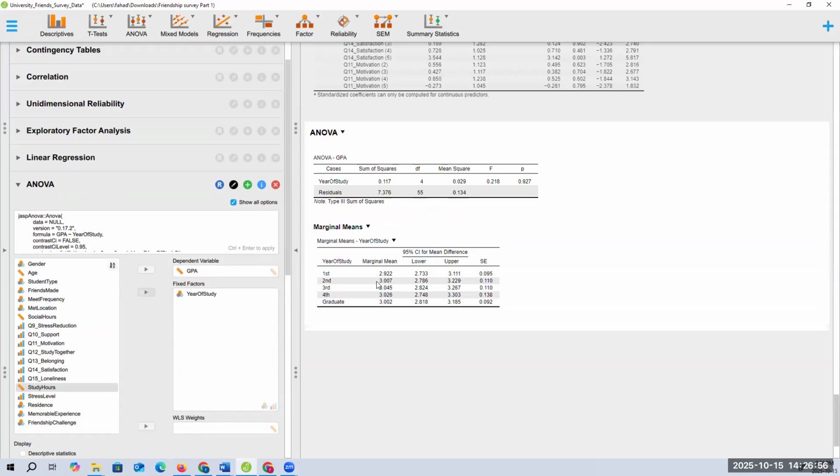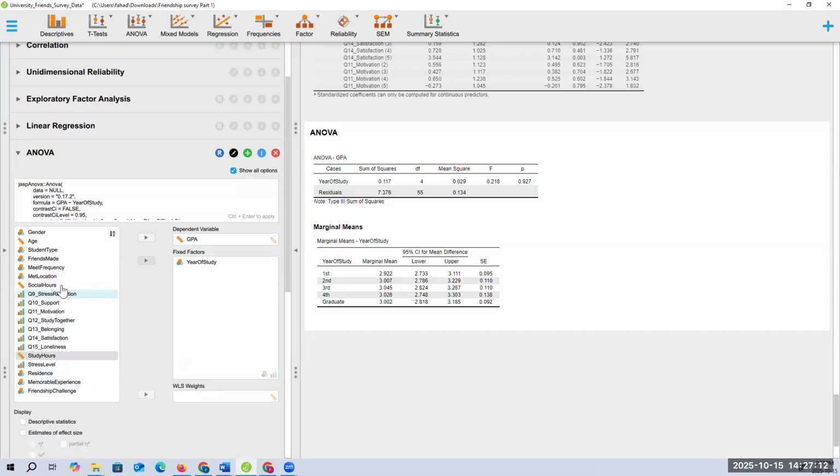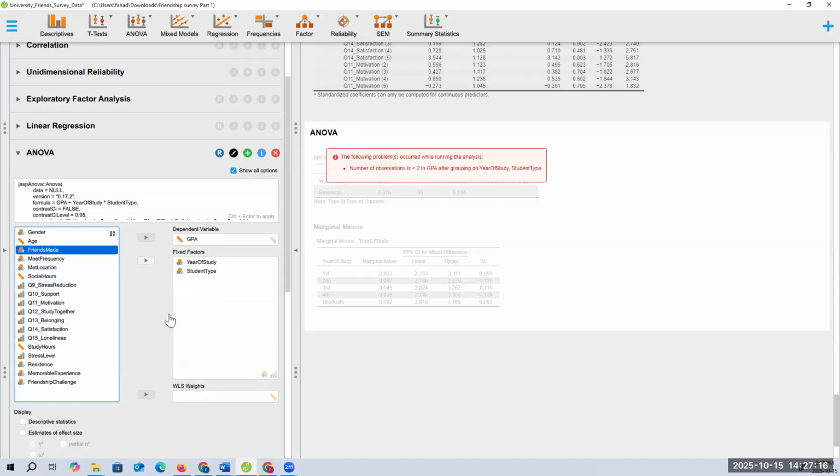You could also do a two-way. This p is not significant, but we could also look at another variable, student type. The number of observations is less than 2 in GPA.